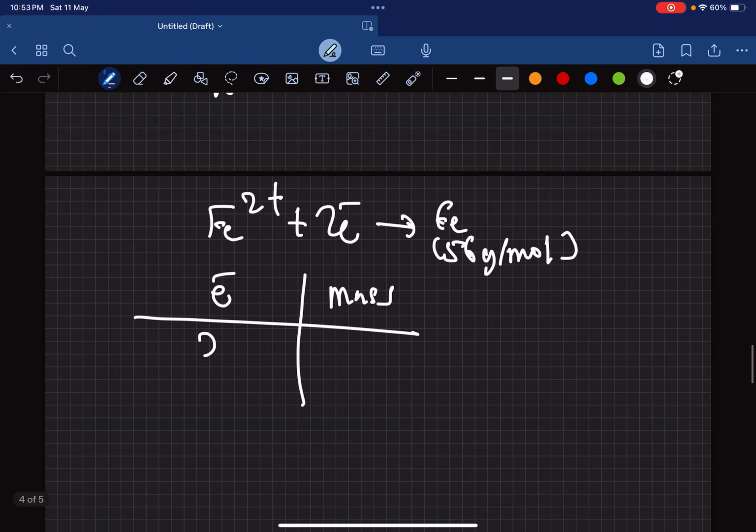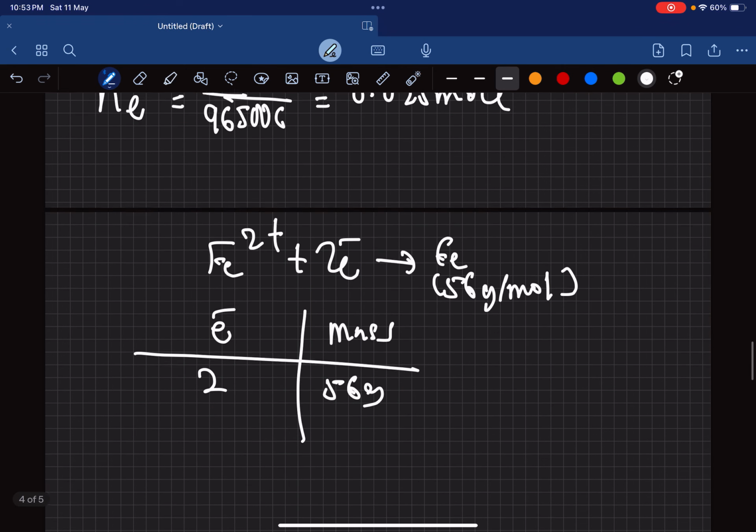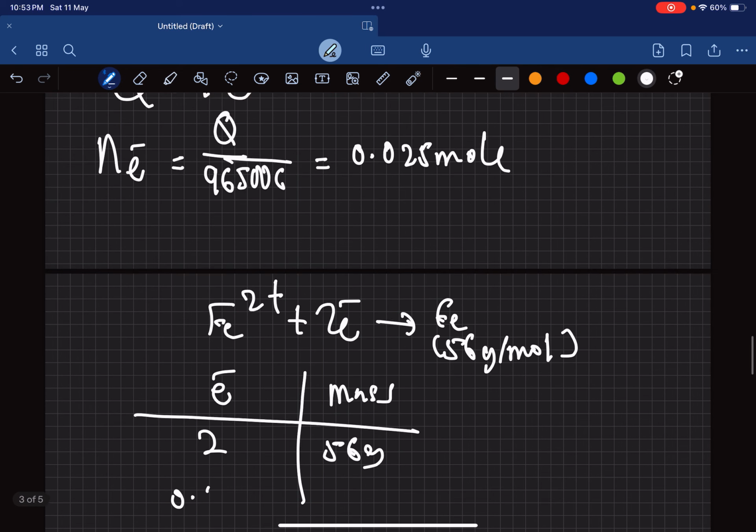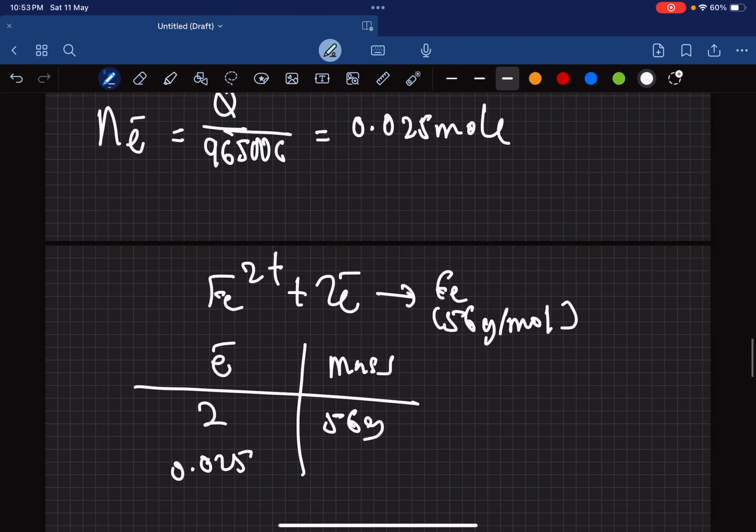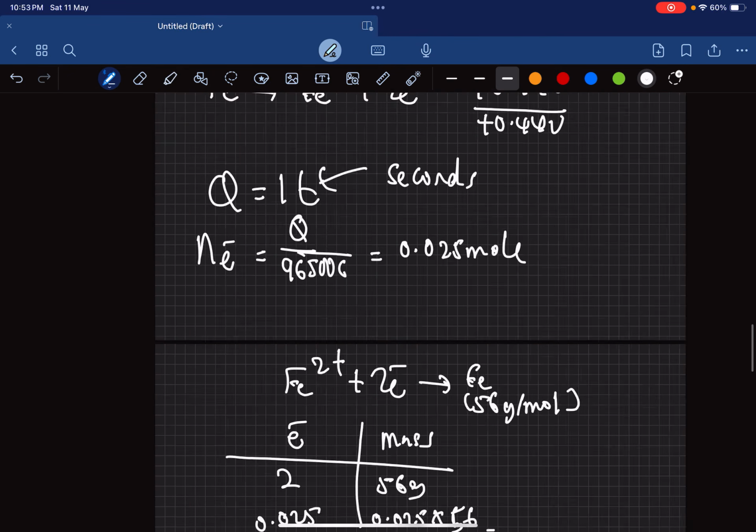If 2 moles of electrons gives a mass of 56 grams, then how many grams will it be for 0.025 moles of electrons? It's cross multiplying: 0.025 times 56 divided by 2. It's a very simple calculation.